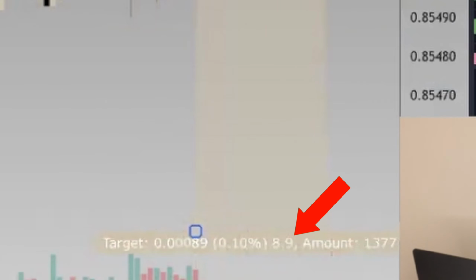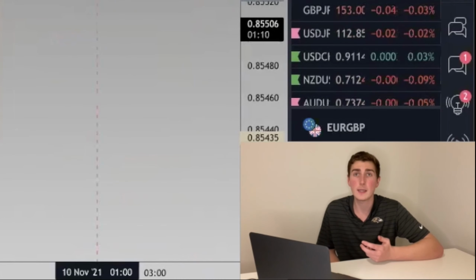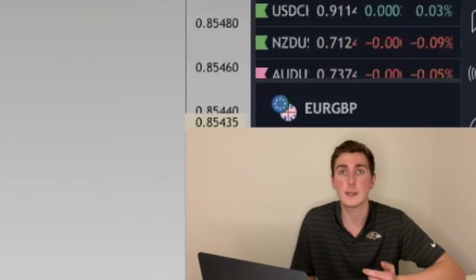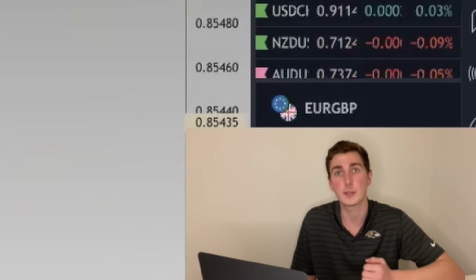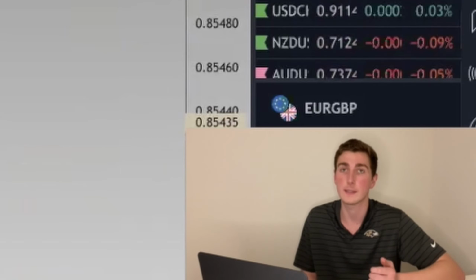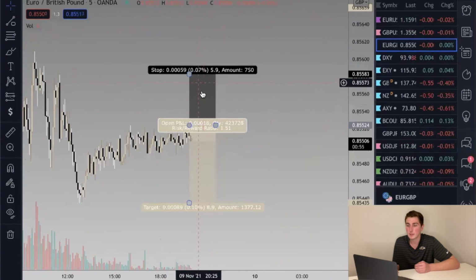So this is a 5.9 pip movement, and this is an 8.9 pip take profit level. So that's how that works. And then it doesn't really mean anything until you start to combine it with actual lot sizing. So the reason lot sizes are so important in the foreign exchange market is because they derive the actual fiscal returns that you're going to receive and see in your account. So say I have that 5.9 pip stop loss, and I have that 8.9 pip take profit.